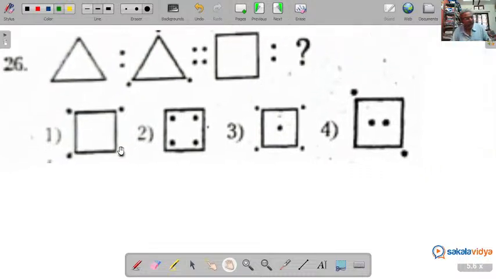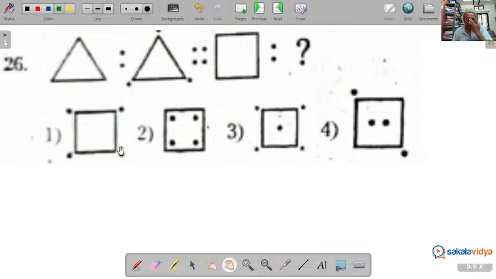Anybody, what is your answer? Do you want to respond? Are you able to solve this question, 26th question? 25th we need to solve, and we'll go back also next.